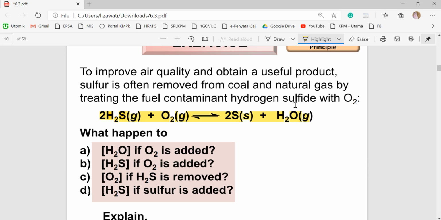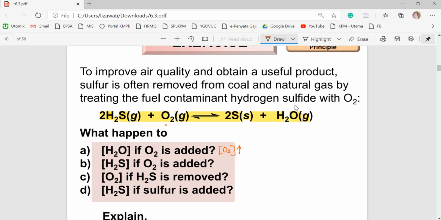If O2 is added, the concentration of O2 will increase, so the system will try to reduce the concentration of O2.